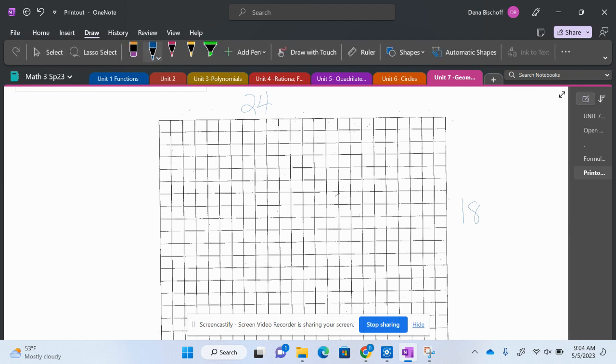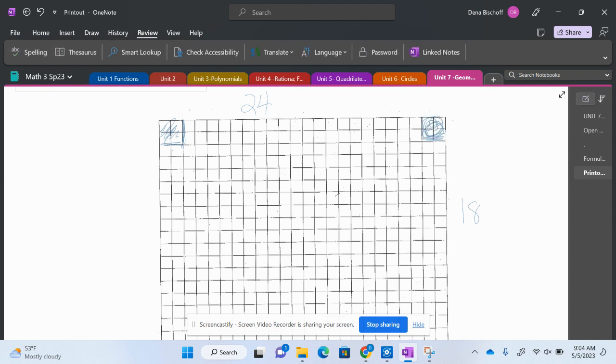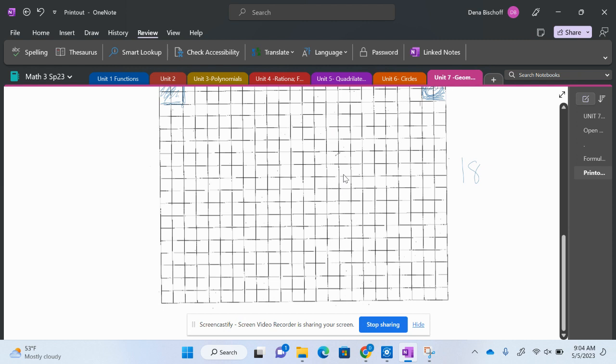So I cut out a box that was 2 grids by 2 grids. I cut this out with scissors, but you had to take it out of each corner. So I cut out a box here that was 2 by 2, and down here that was 2 by 2, and down here that was 2 by 2.